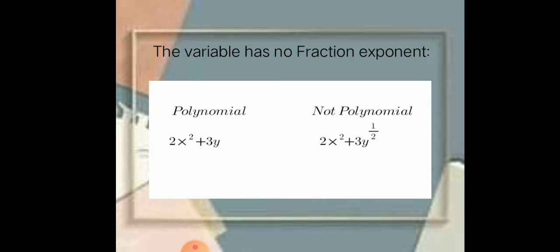The next, the variable has no fraction exponent. So, for example, here is a polynomial: 2x squared plus 3y. The exponent of 2x squared is not a fraction or negative. The 3y is equivalent to 3y to the power of 1, so the exponent of y is 1, not a fraction. For the not polynomial, 2x squared plus 3y to the power of 1/2.